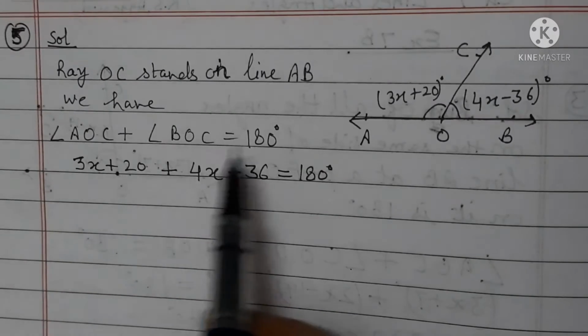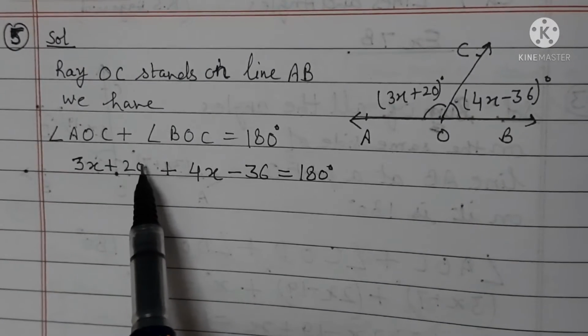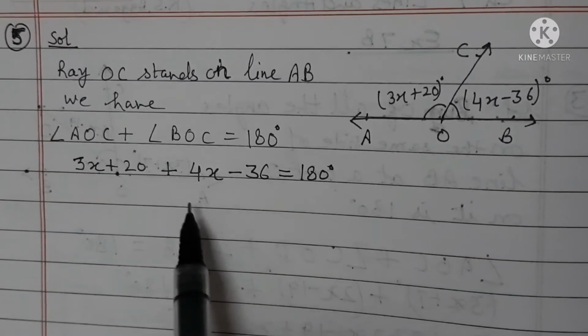Now substitute the values of the angles, 3x plus 20 and 4x minus 36.